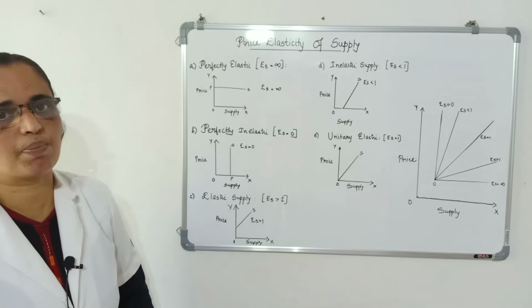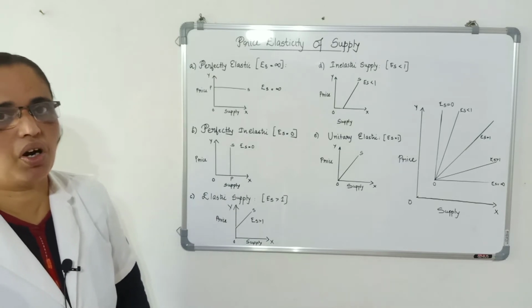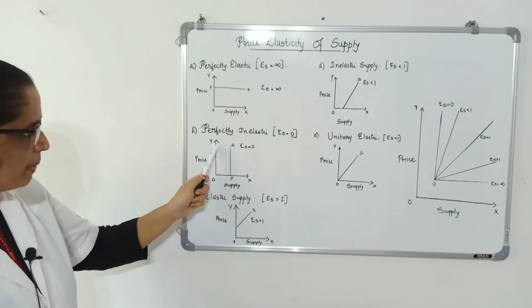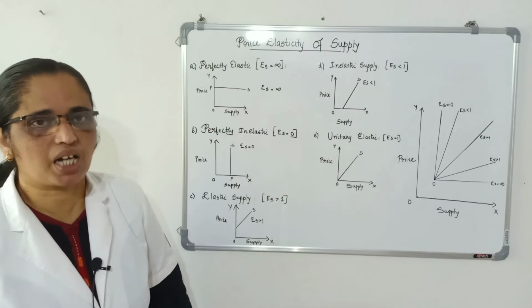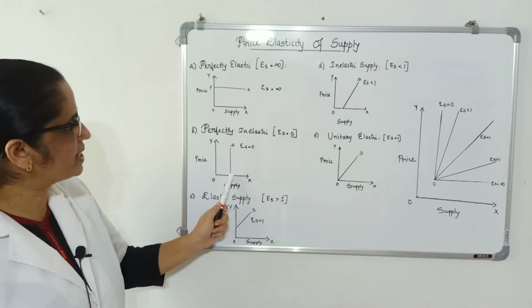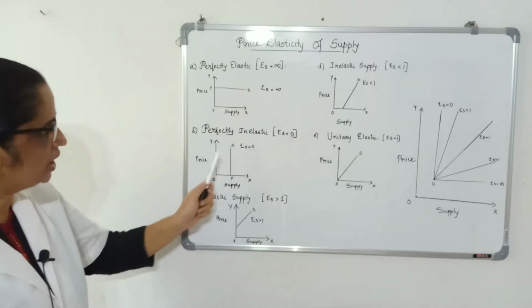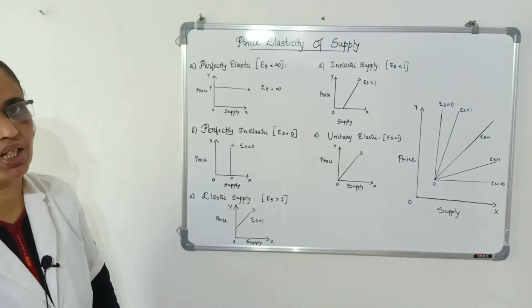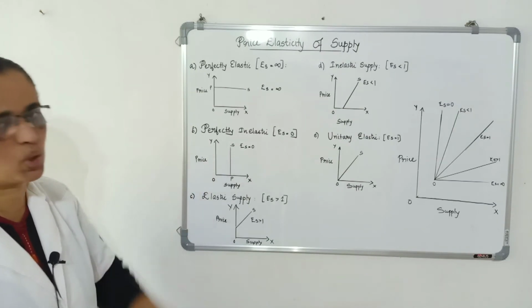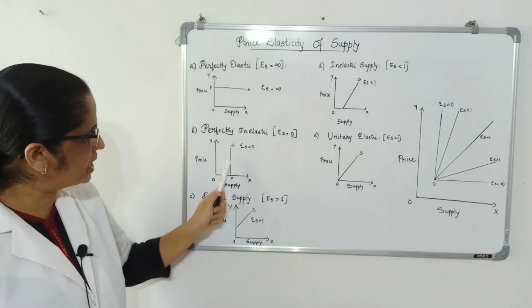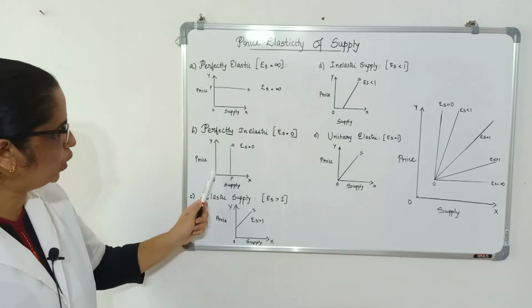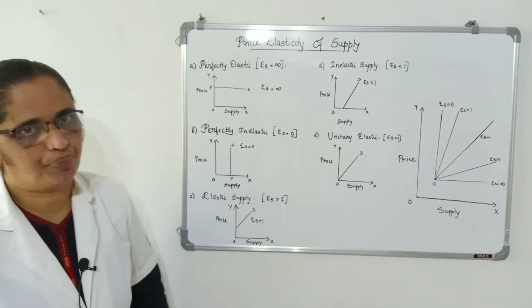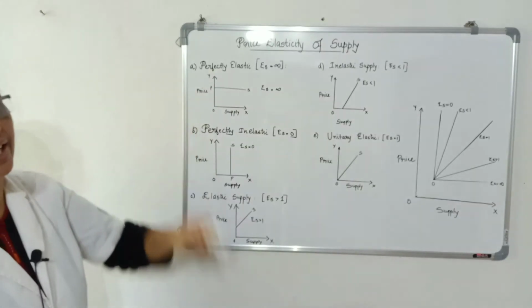It is not at all responding to price changes. Here, the supply curve is a vertical straight line parallel to the OY axis. Okay? Elasticity of supply is equal to 0. Just the opposite of the first case.